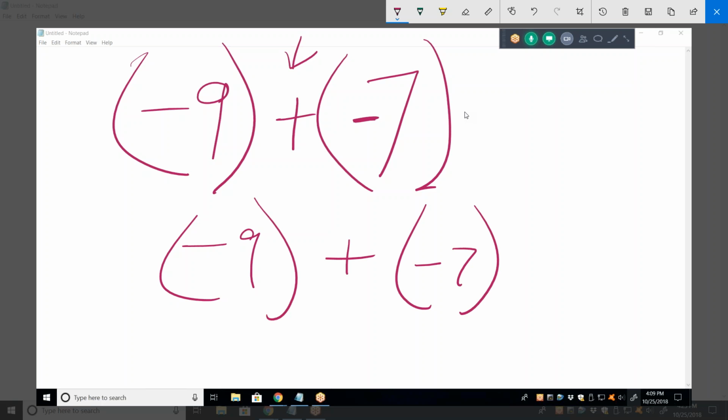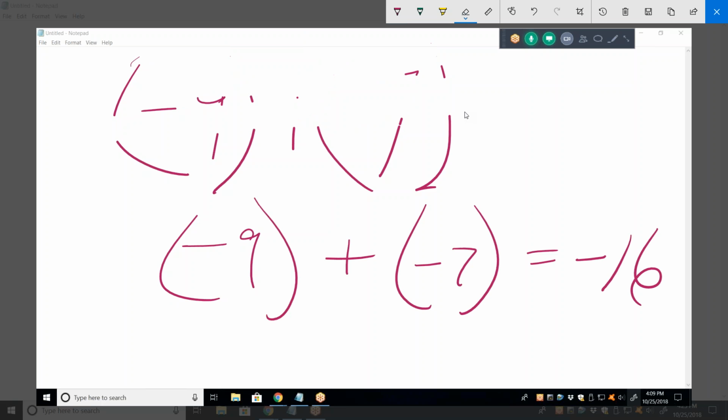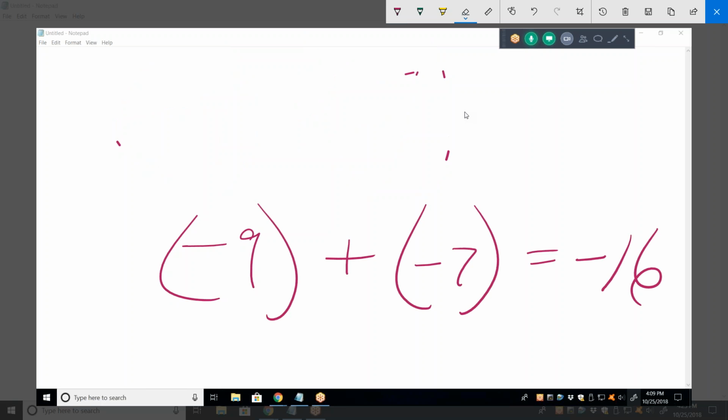Nobody misses that. But when it's in that original format where it's minus 9 minus 7, I can't tell you. Half my students would miss that. If I leave it like this, that drives people crazy. So it's always better to be adding rather than subtracting.